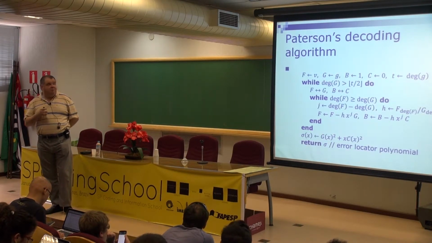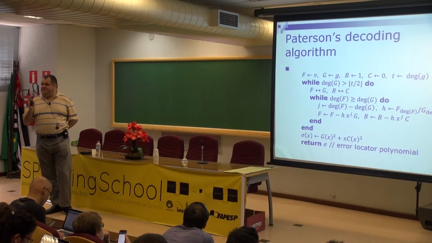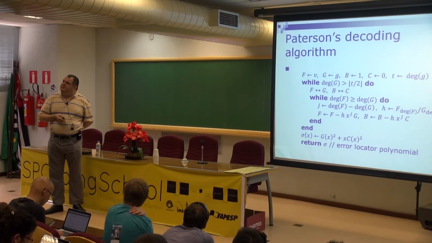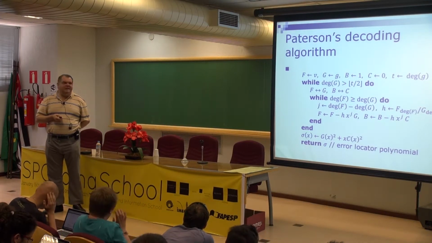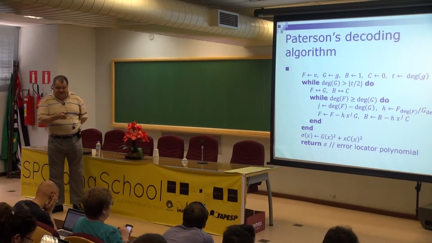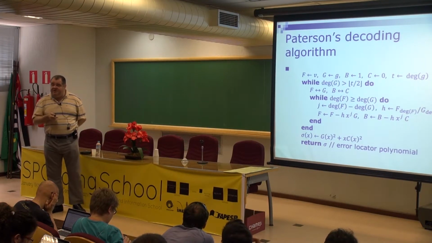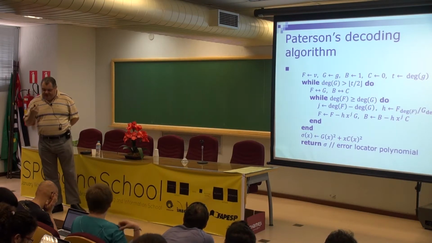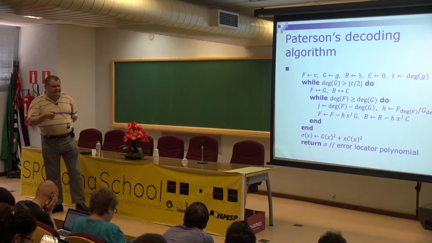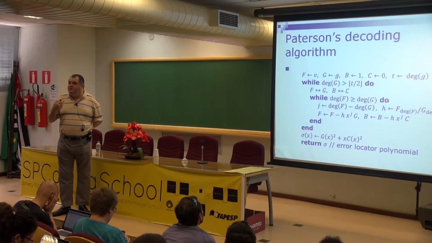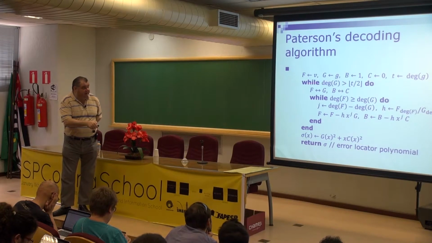This constitutes Patterson's decoding algorithm. It's his idea. Paper published in 1975, I think. I will not get into details here, but it's quite similar to the algorithm we would use to invert S. The only difference regarding the usual Euclidean algorithm is the halting condition here.